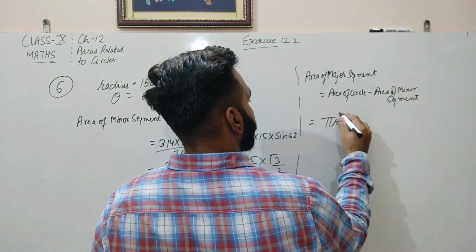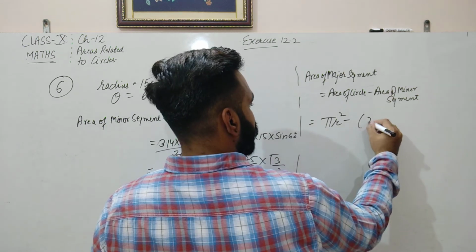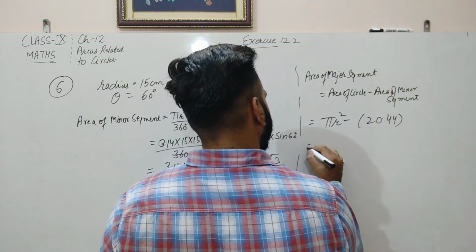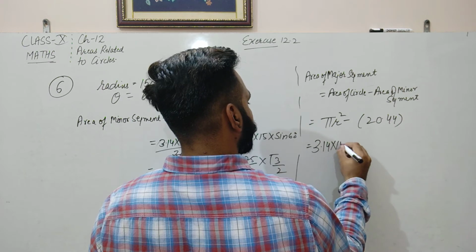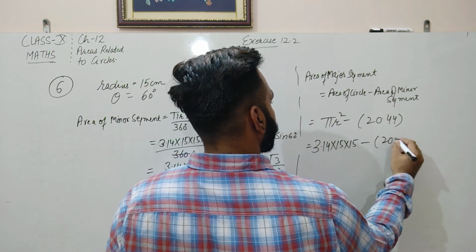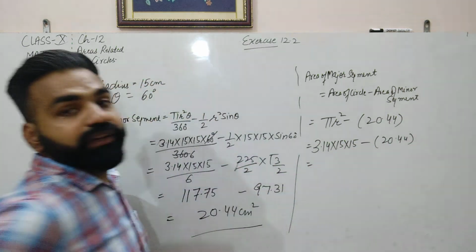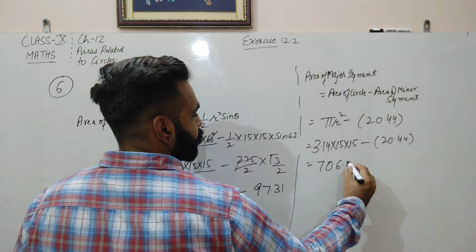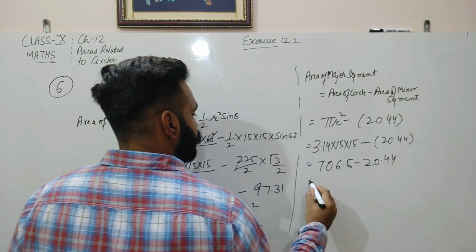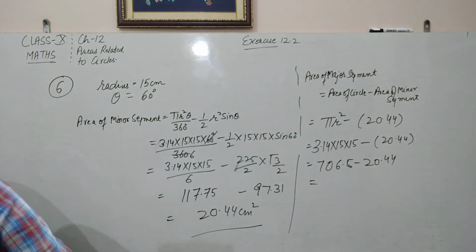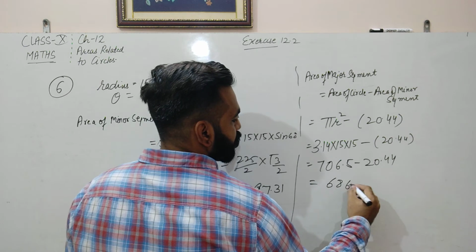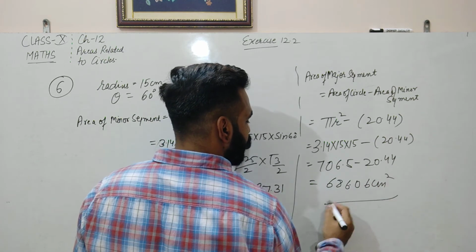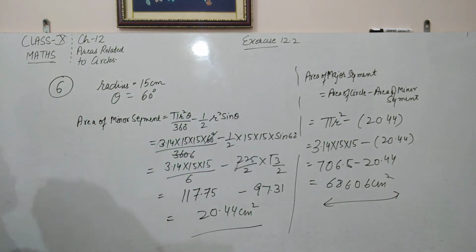Area of circle is pi r square minus this value we have already calculated, 20.44. 3.14 into 15 into 15 minus 20.44. So this we have to evaluate. So this will be equal to 706.5 minus 20.44. So after subtracting, the answer will be 686.06 centimeter square. So this is question number 6.